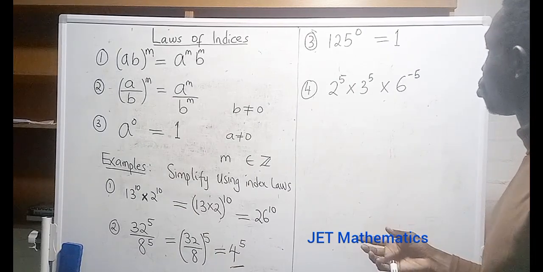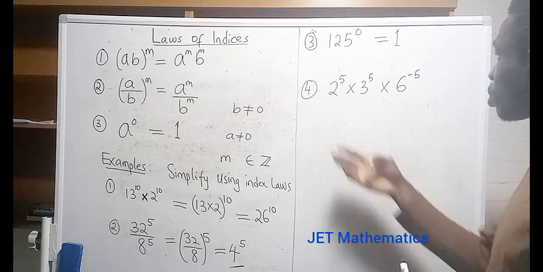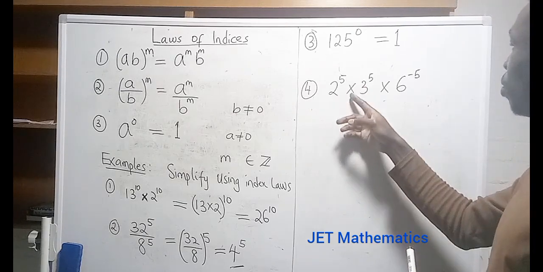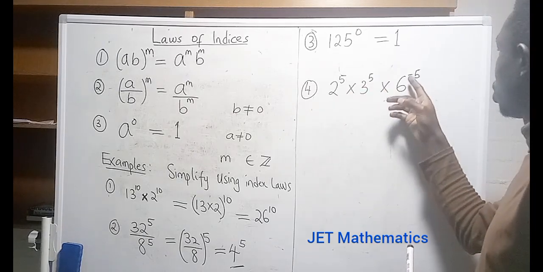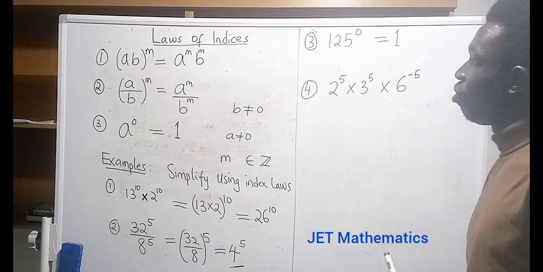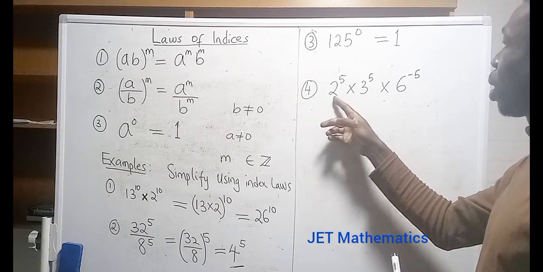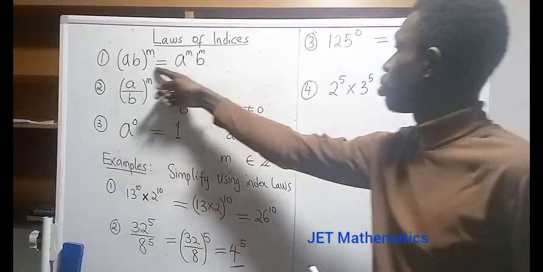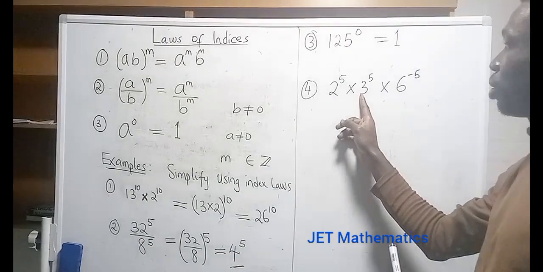Let's see this number 4: 2 raised to the power of 5 times 3 raised to the power of 5 times 6 raised to the power of minus 5. Very good. So we can apply this law for this and this.